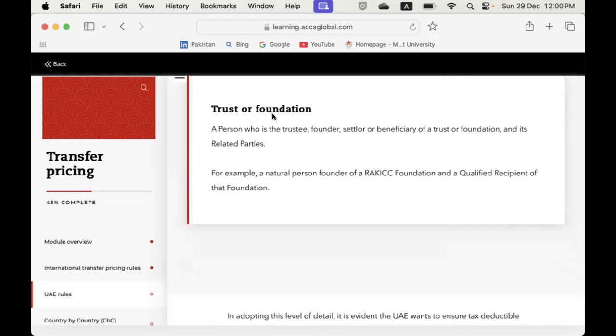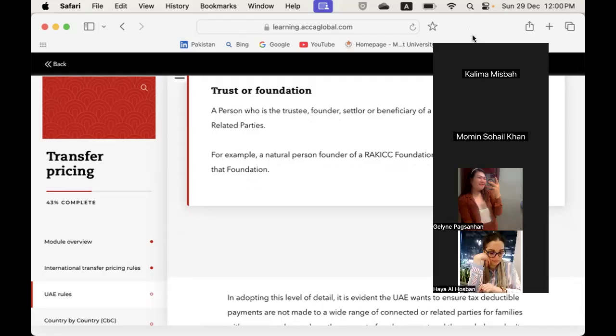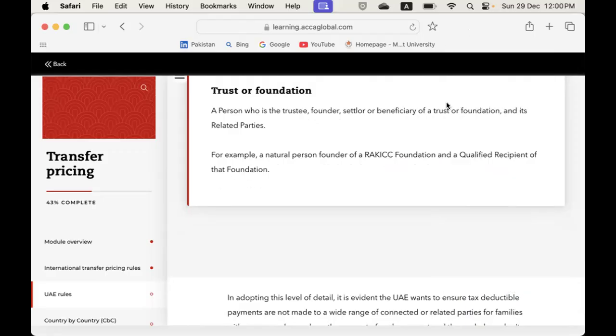Now, trust or foundation. Let me ask this question: what is the difference between a trust and a foundation? Can somebody tell me? A foundation is a legal juridical person, a trust is not. Very good. But Abbas, just to add to your knowledge, there are trusts in UAE, even under the mainland UAE, whose constitution documents I have actually read, and those trusts have also been given legal personality.